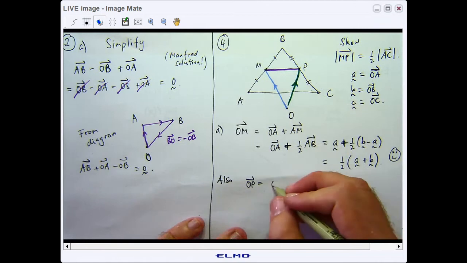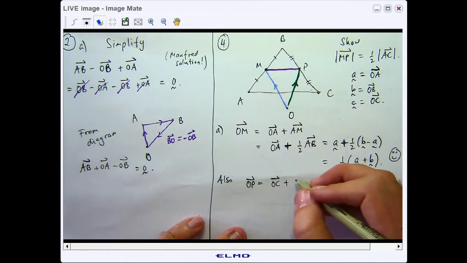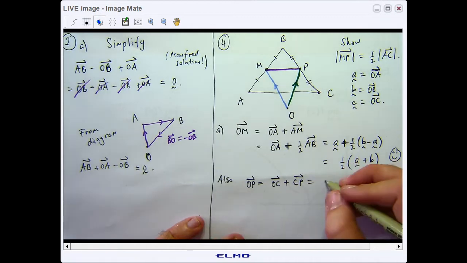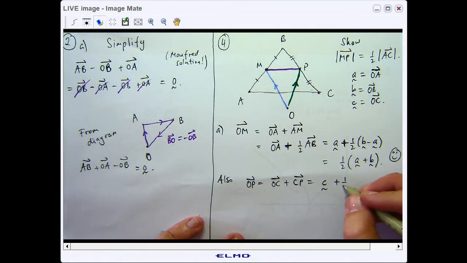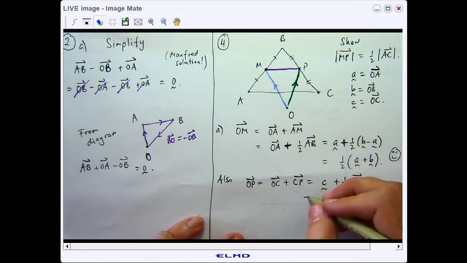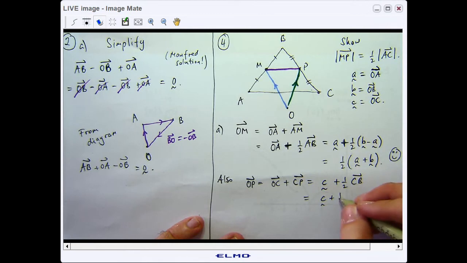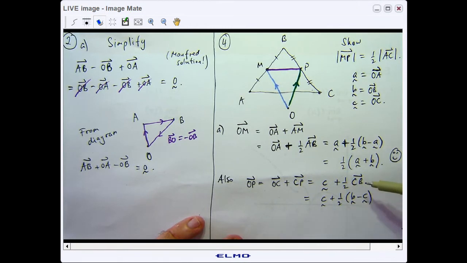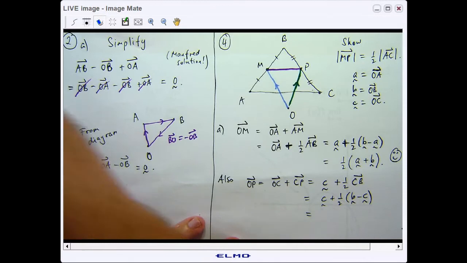OC plus CP, and that is this plus 1/2 of CB, and that is this, just in this notation up here. CB is OB minus OC. So again, that is just 1/2 (b plus c).